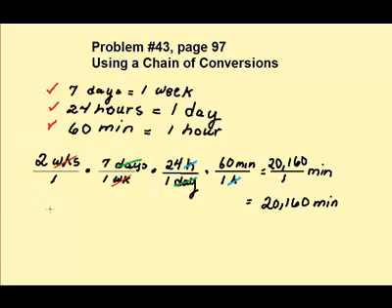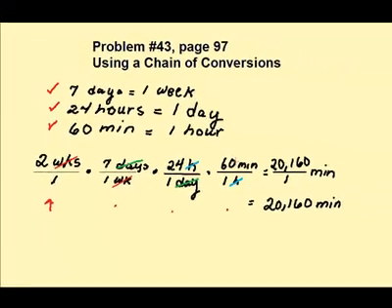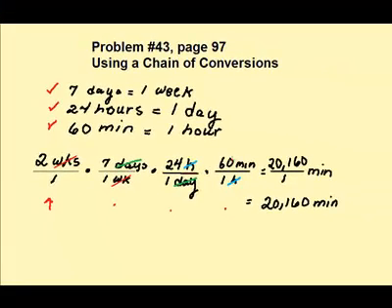Then we started with what we were given, and we worked through the steps, adding the conversions that we knew to our problem. And then finally, because we are multiplying all the way through here, we multiply all the numerators together, all of the denominators together. We divide the numerator by the denominator to get our final answer.